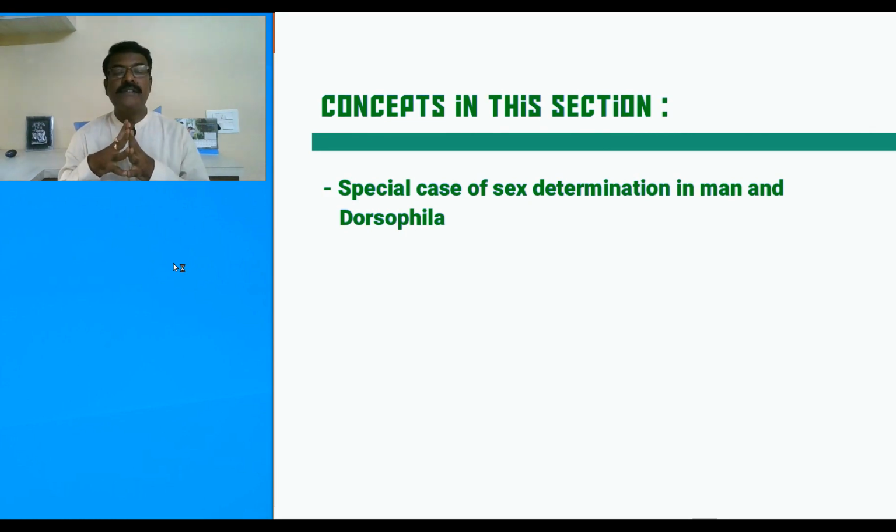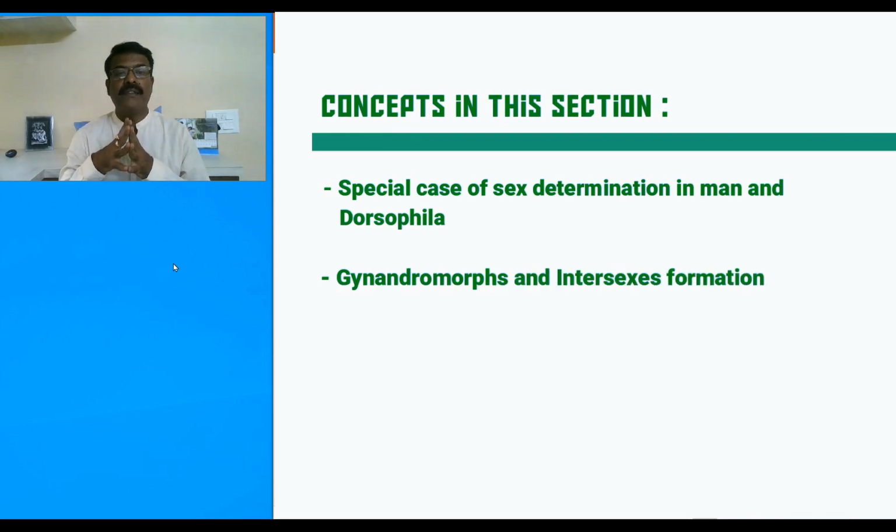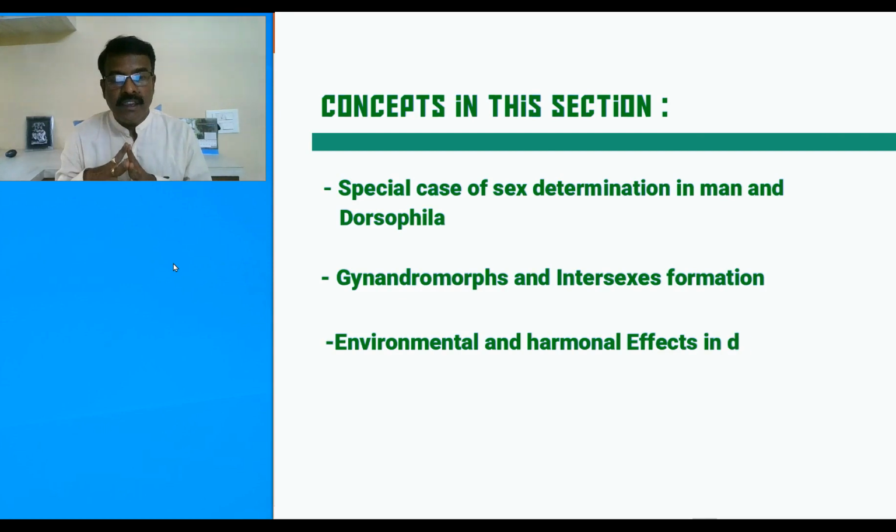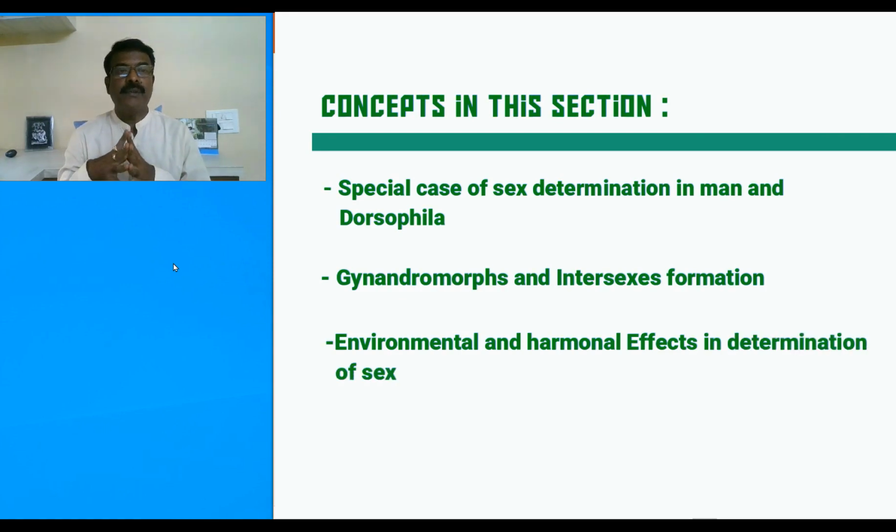Next is the formation of gynandromorphs and intersexes, then the environmental as well as hormonal role in the determination of sex, and lastly, amniocentesis. Now we shall start with the first concept, the role of chromosomes in determination of sex in the case of Drosophila and man.